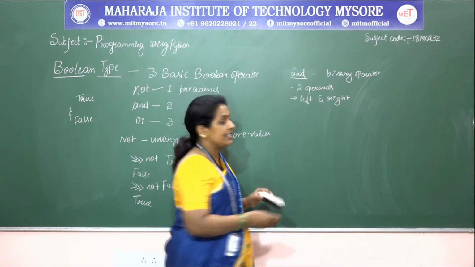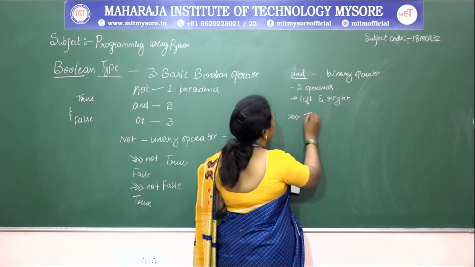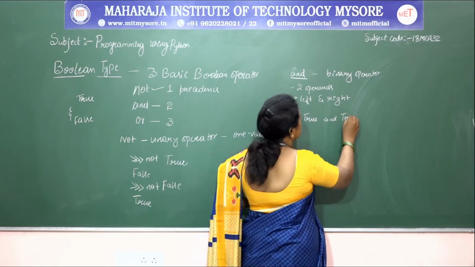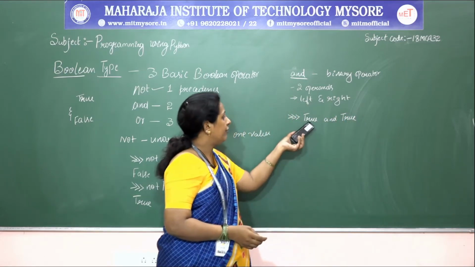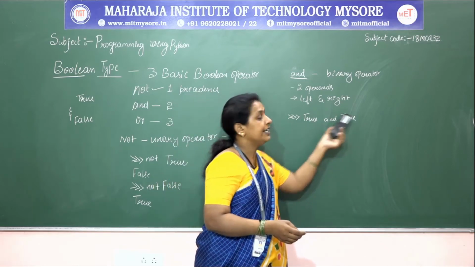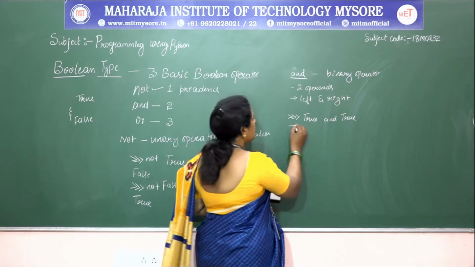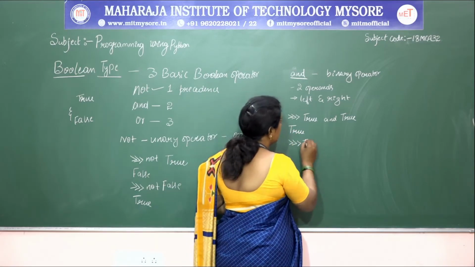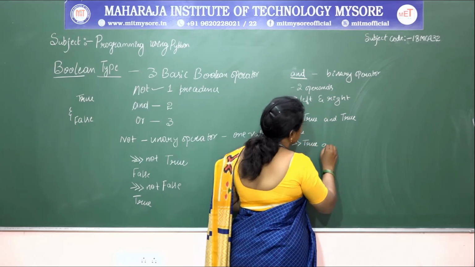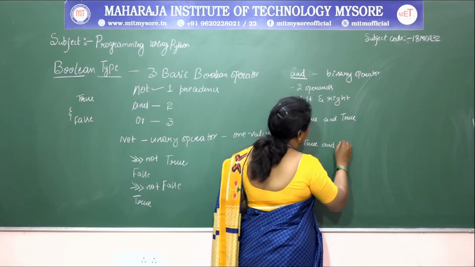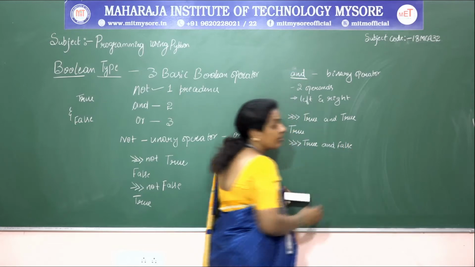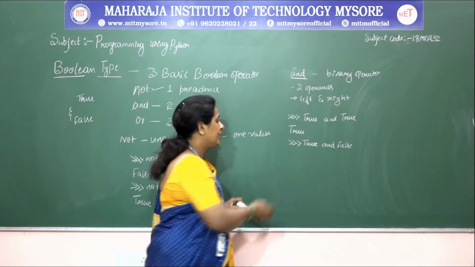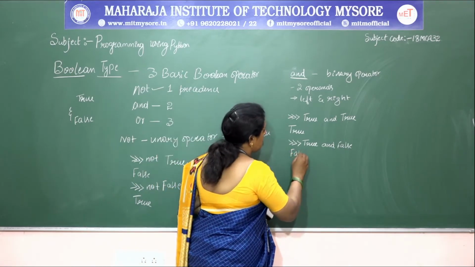Let's check with examples. True and true: when both the left operand and right operand are true, I get the output true. When the left operand is true and the right operand is false, we get the output false.